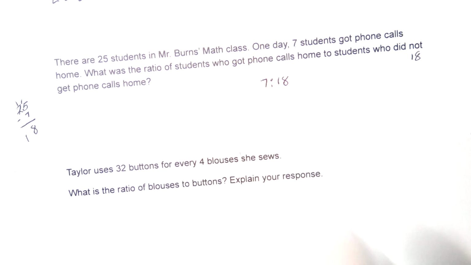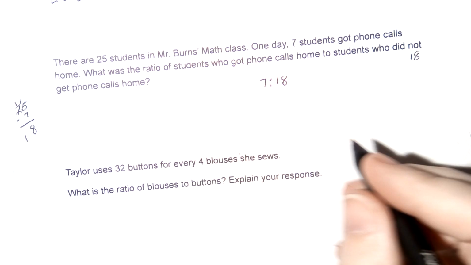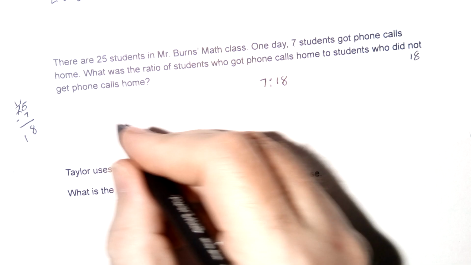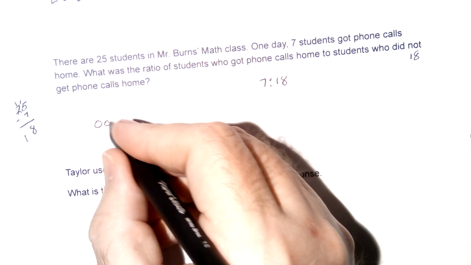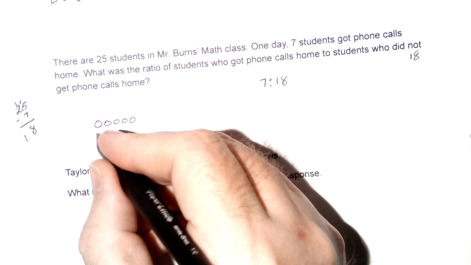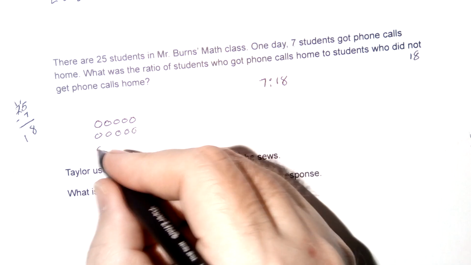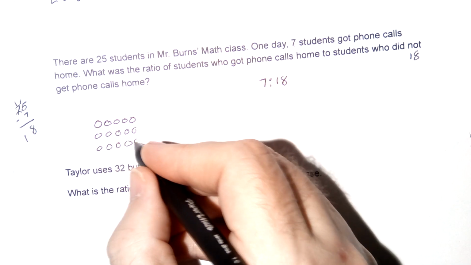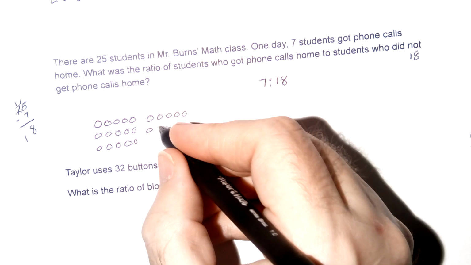Sorry about that. Now, another way we could have done this is we could have drawn out all 25 people. So we could have sat there and gone 1, 2, 3, up to 25.